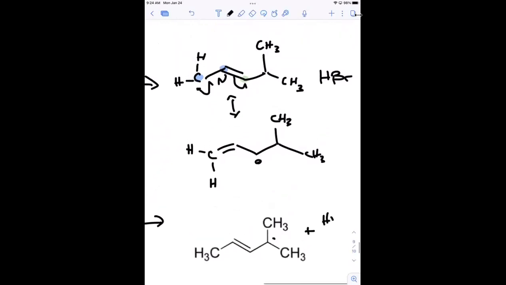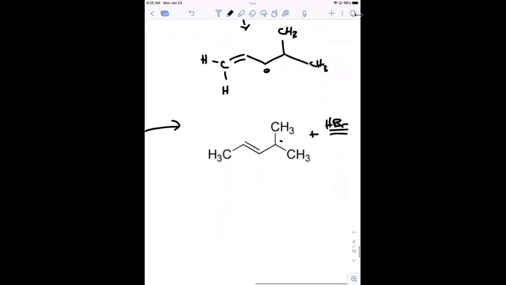HBr. Plus HBr, right? That's a side product. Every time you do an abstraction in a radical reaction, you're going to get an HX as a side product if a halogen is your initiator, which in this case is bromine. All right, so now that's that. Now what's going to happen here?